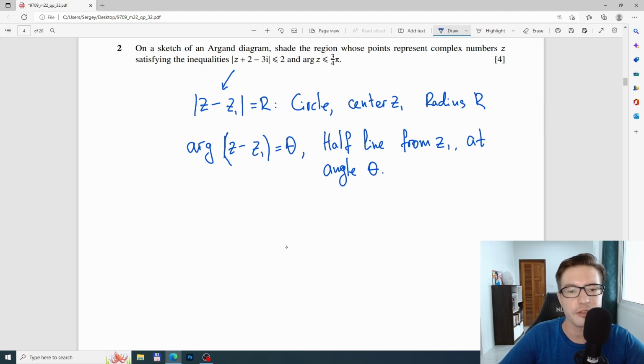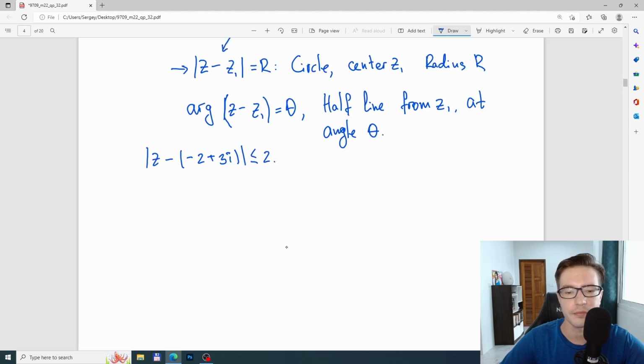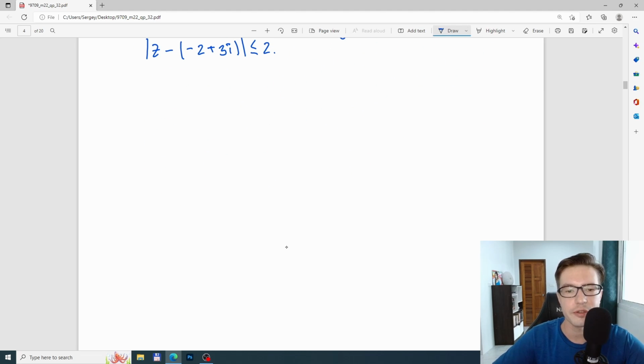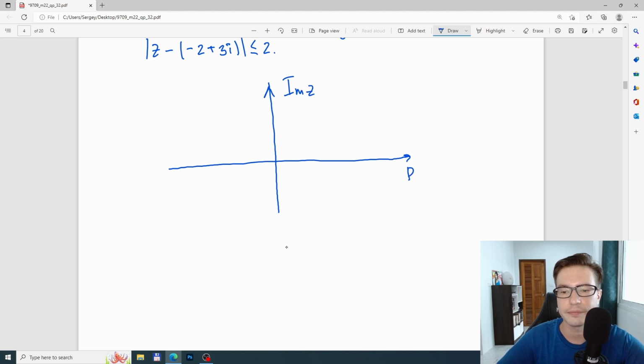Okay, now before we start drawing, let's write the first inequality in this form. So we're going to have modulus of z minus (minus 2 plus 3i) smaller or equal than 2. Okay, now we can start drawing the diagram. The y-axis is going to be the imaginary part of the number, and the real part is going to be the x-axis.